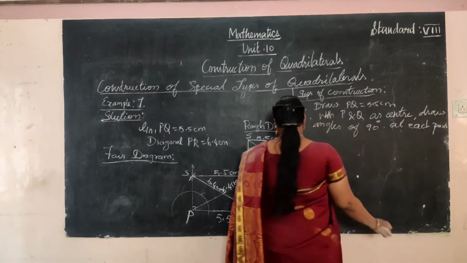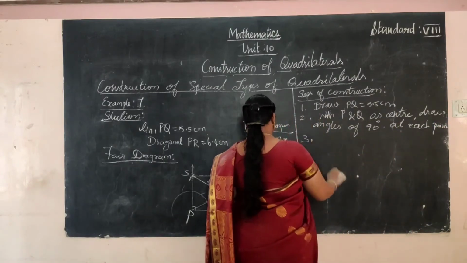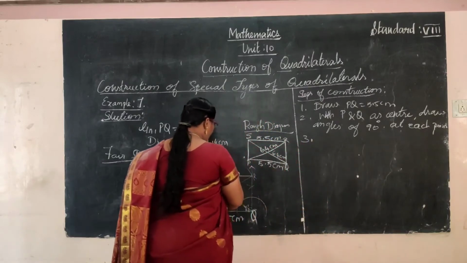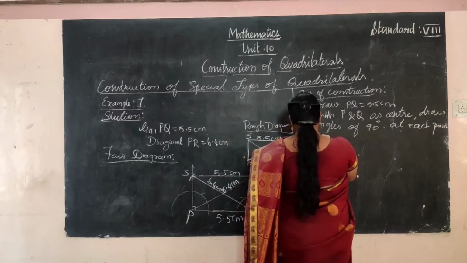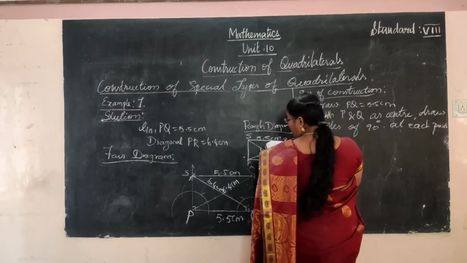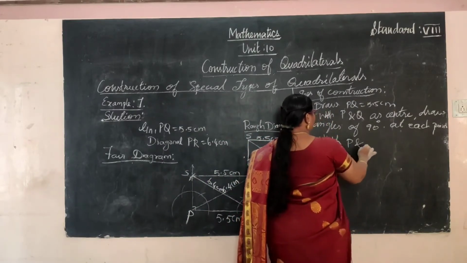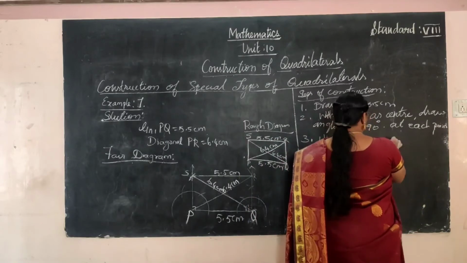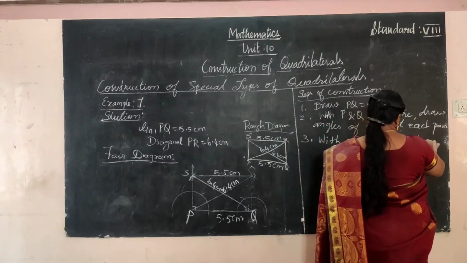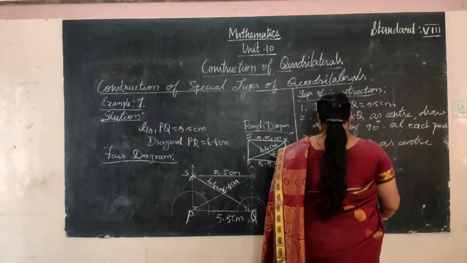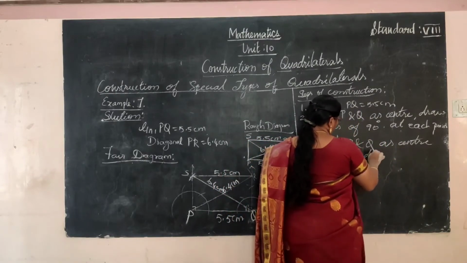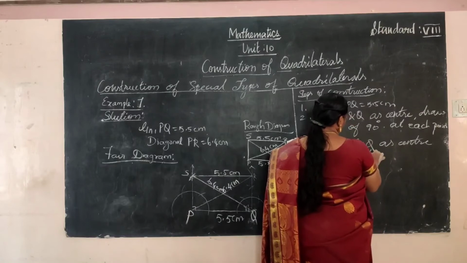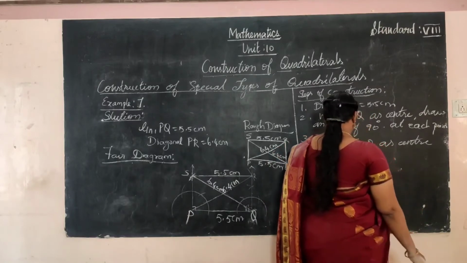And step 3, what we do next, draw the diagonals. So the same with P and Q as center and radii. Radii means plural form; radius means singular, radii means plural.